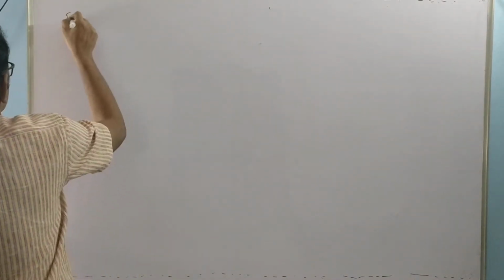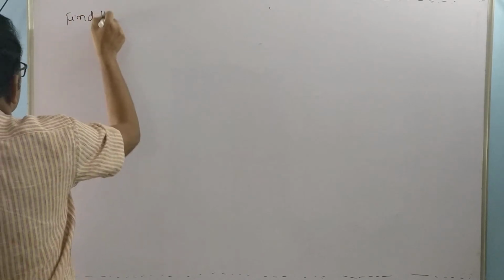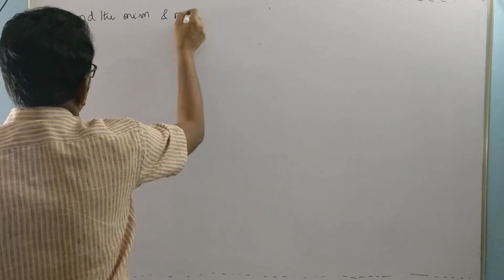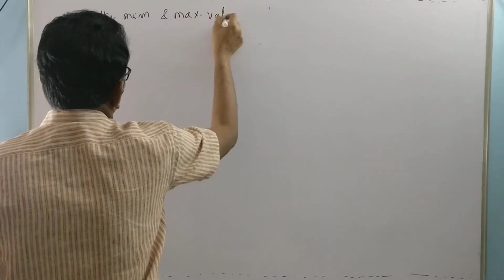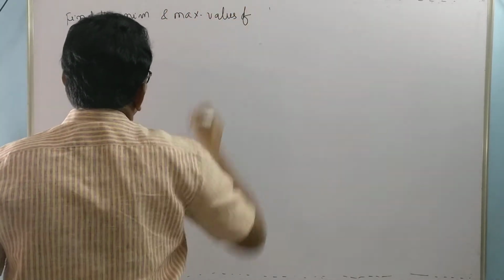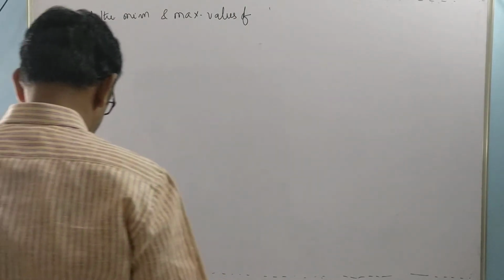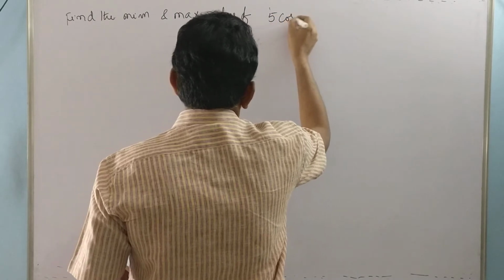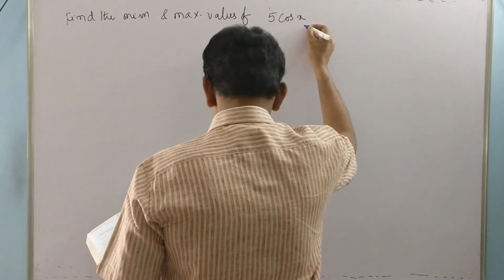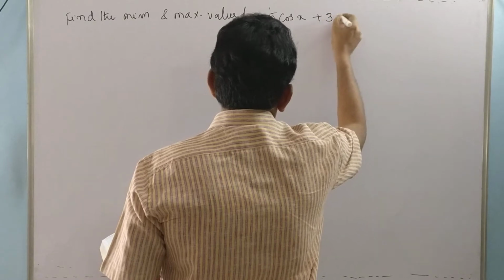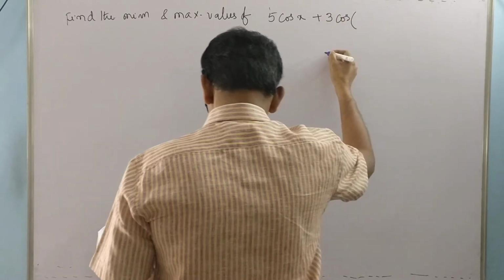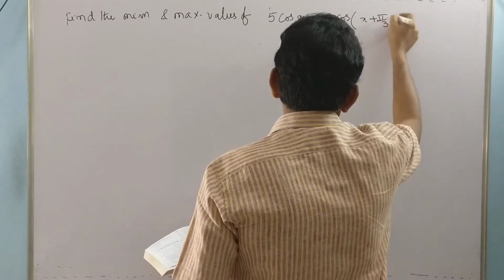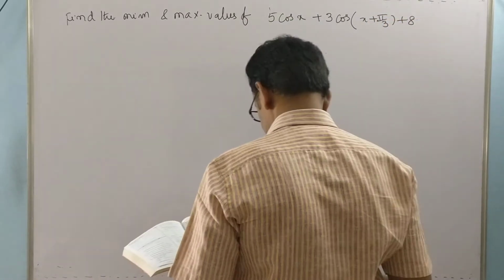Now find the minimum and maximum values of the function 5 cos x plus 3 into cos of (x plus pi by 3) plus 8.